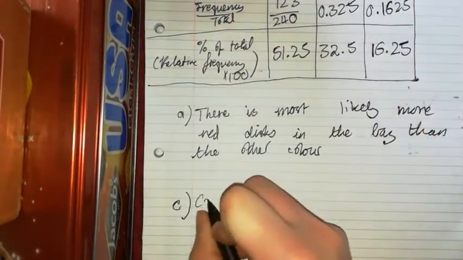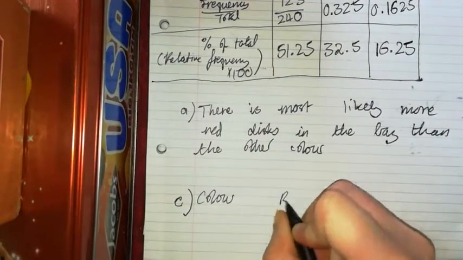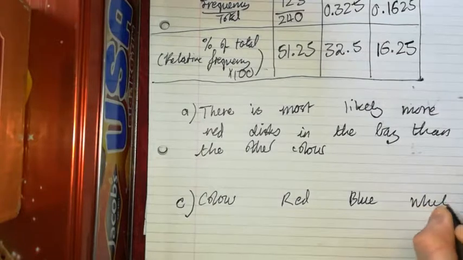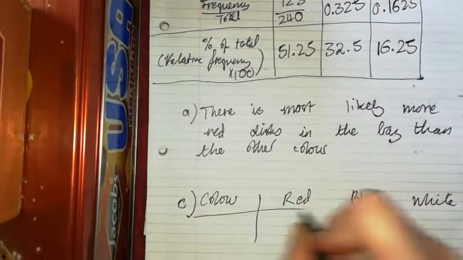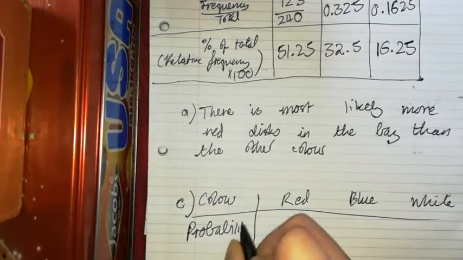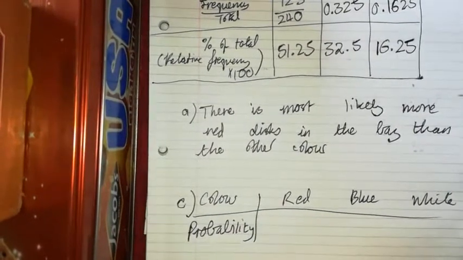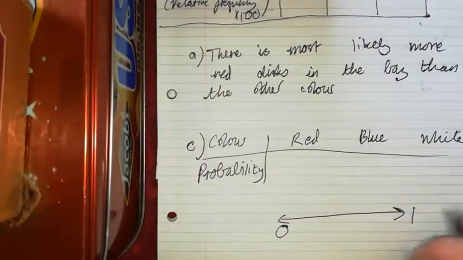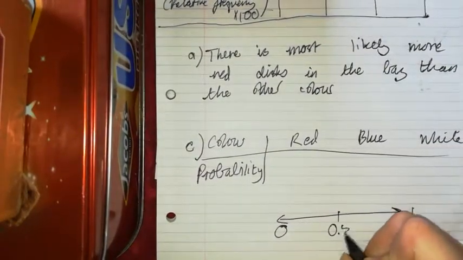So they give us a little box here with colour: red, blue, white, and we're asked to fill in the probability of each. The probability scale goes from 0 to 1, where 0 is impossible and 1 is certain, and then 0.5 is 50-50.